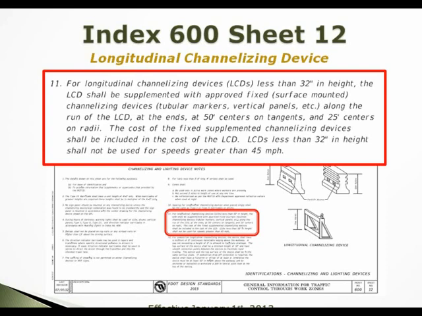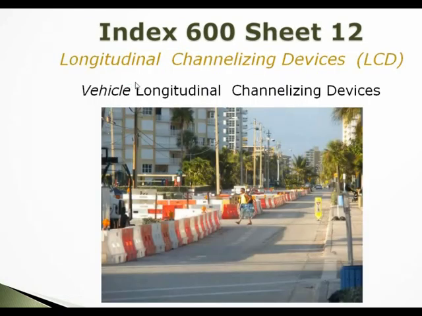So you can have a low profile LCD. This is a picture of the 32 inch or more vehicle LCD. This is North Miami Beach. You see it marks the entrance of the driveway.